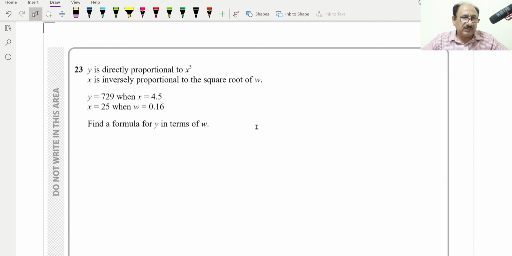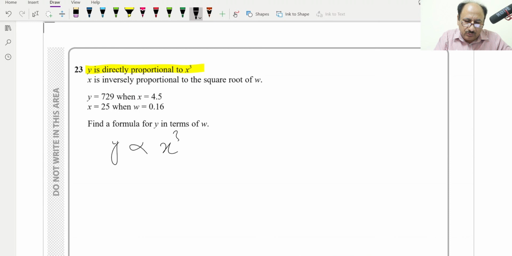Now this is a proportionality question, and this is saying y is inversely proportional to x cube. So side by side we will be writing the equation. So it means y is, no, directly proportional to x cube. So this will be the equation.